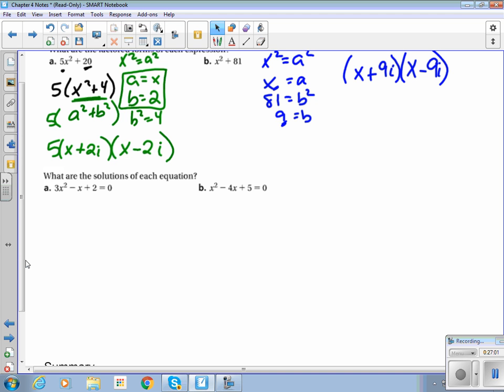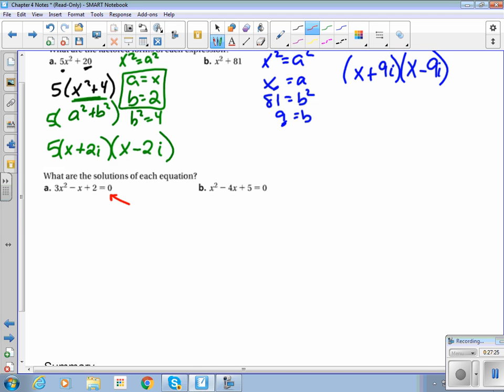So if I have, say, a smiley face parabola and it doesn't cross the x-axis anywhere, then we have complex roots. So I'm gonna show you guys this with A. I'm not going to do B. I think it's sufficient with just one.